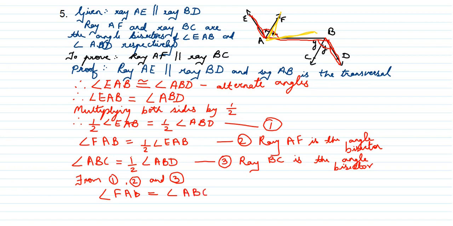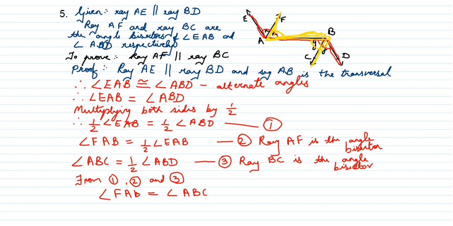But again, if you look at these angles, that is angle FAB and angle ABC. Angle FAB is already marked over here. Angle ABC I'll mark over here with yellow. So if you see this, which letter is this? It is letter Z. Okay, means these are the alternate angles. And these alternate angles are already congruent.